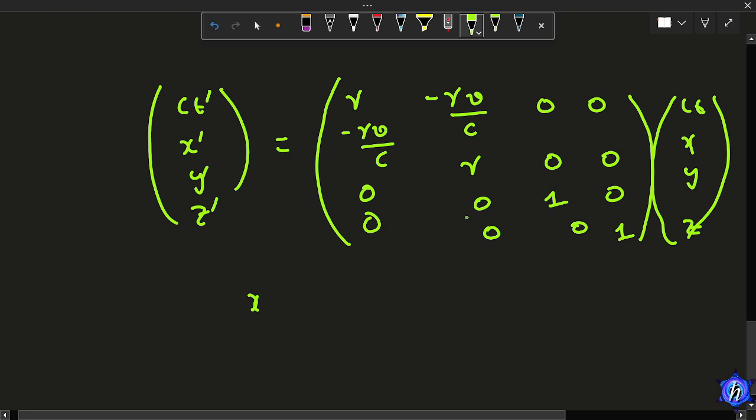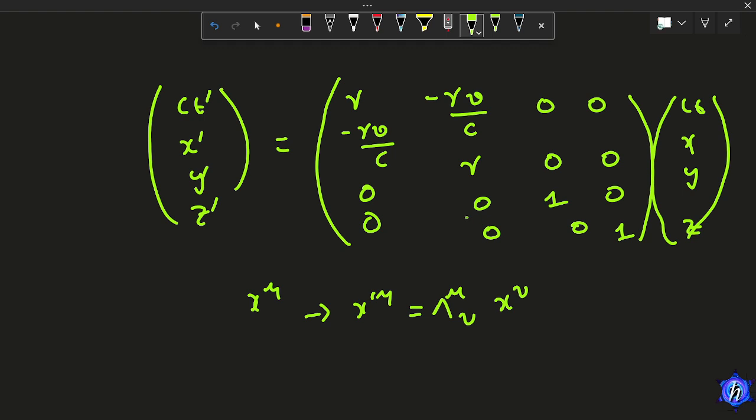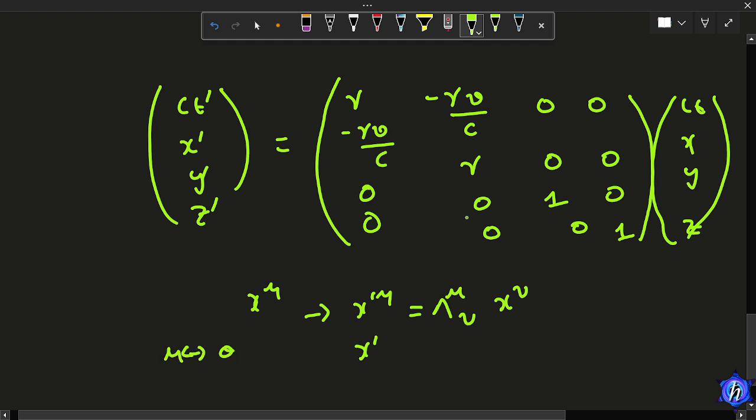We know x dash mu is equal to lambda mu nu x nu. I think it's better to change the indices, because that will be confusing. We'll change the indices from mu to theta. That's better.